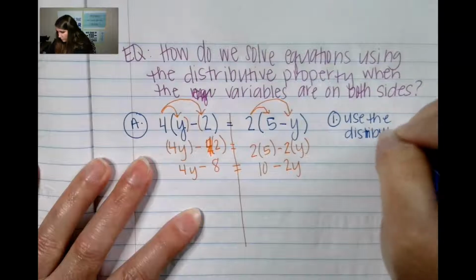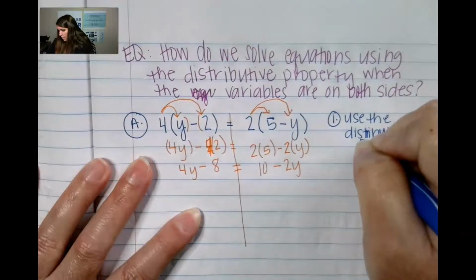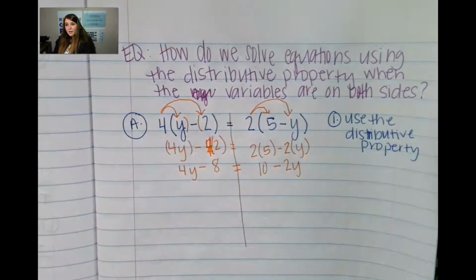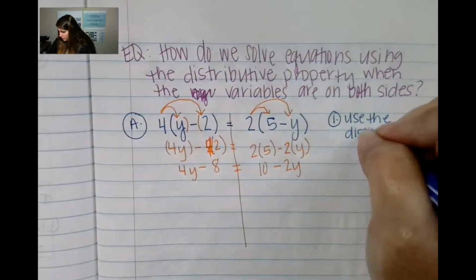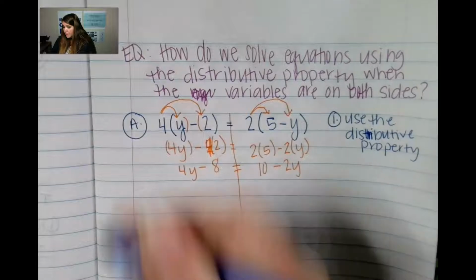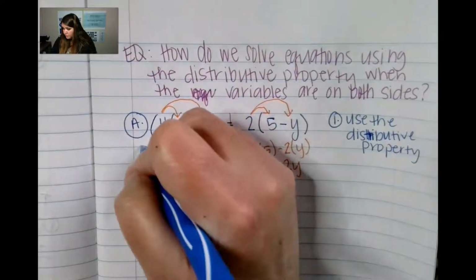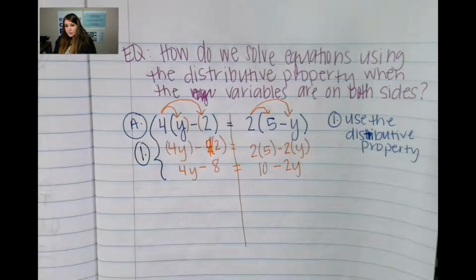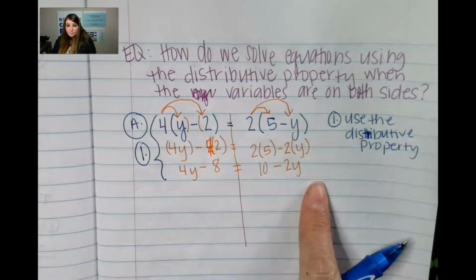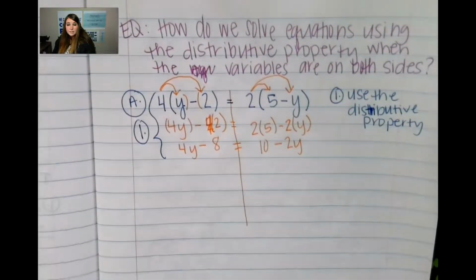Okay, now that we have the distributive property done, if I could spell correctly, there's step 1 right there. We're ready now to get the variables to one side.